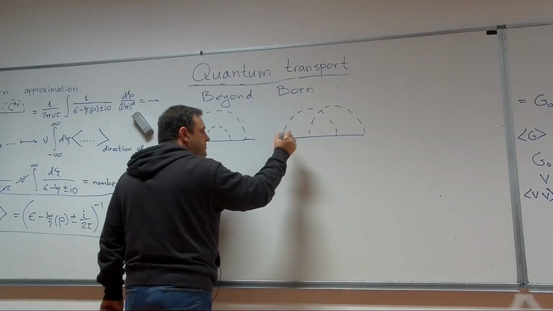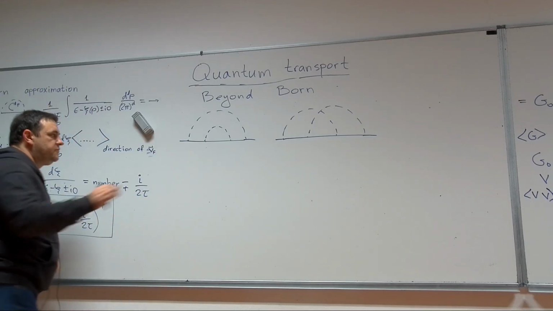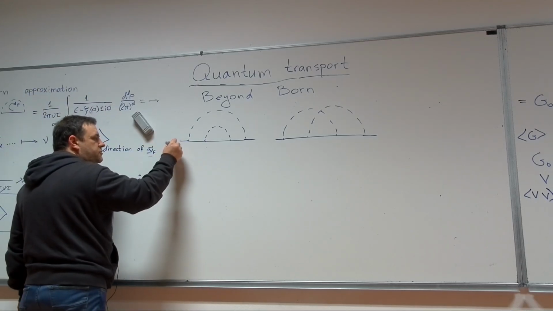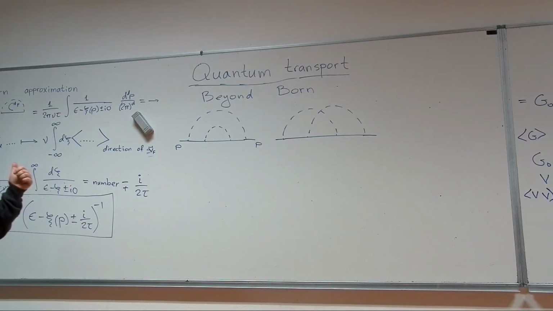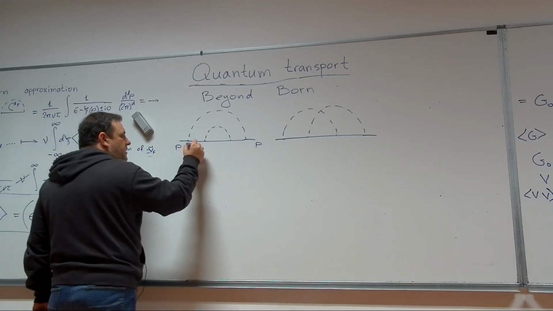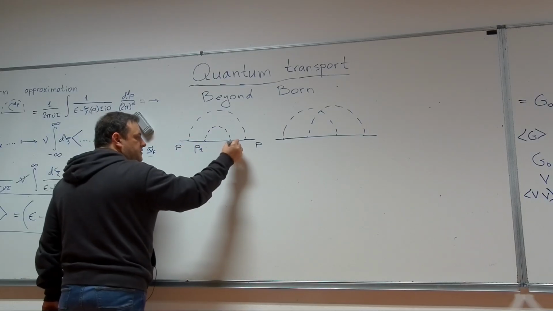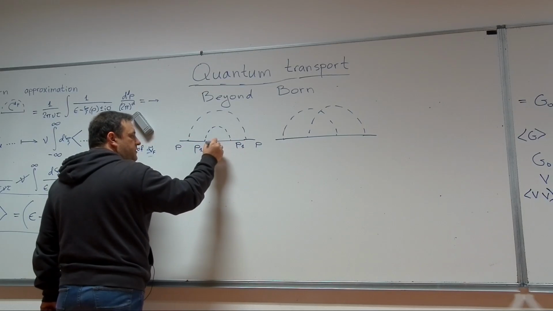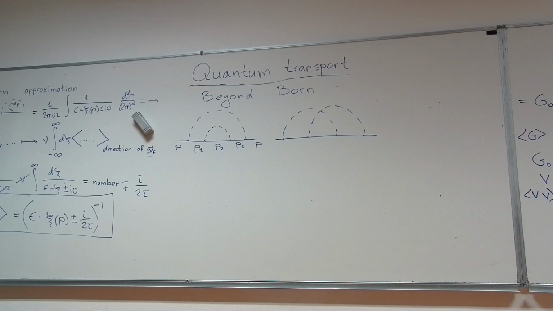Now, for this diagram, we have some momentum in the green function outside. We have some other momentum P1 in this green function and in this one. And we have some other momentum P2 in the innermost function.